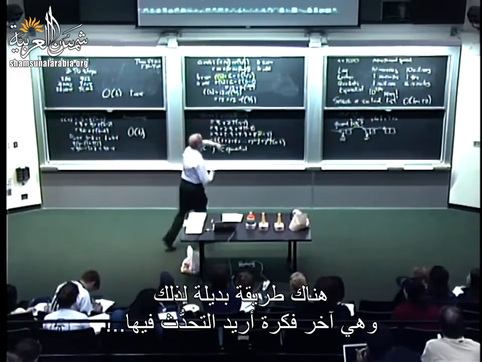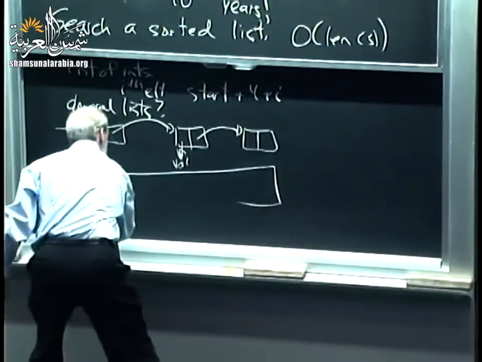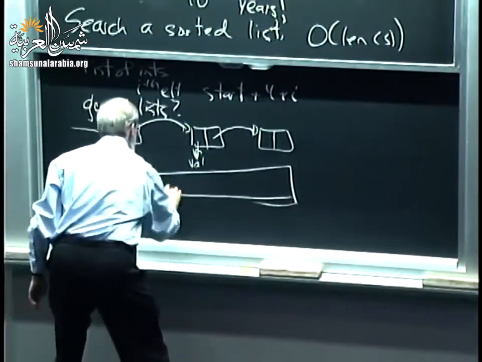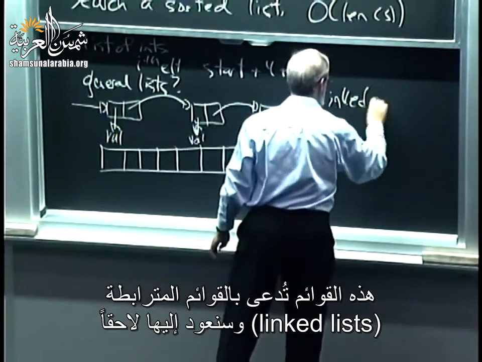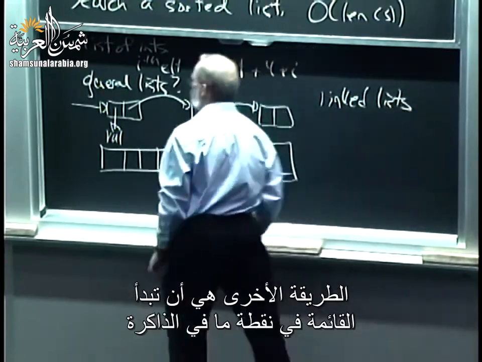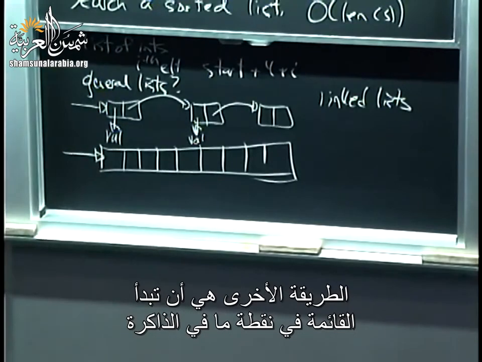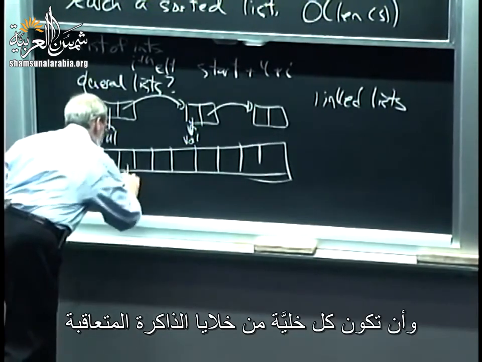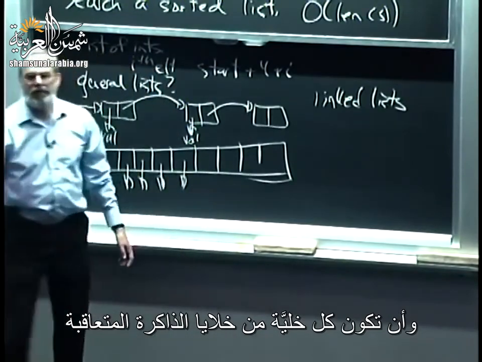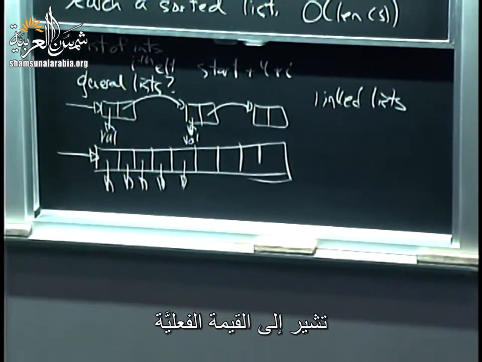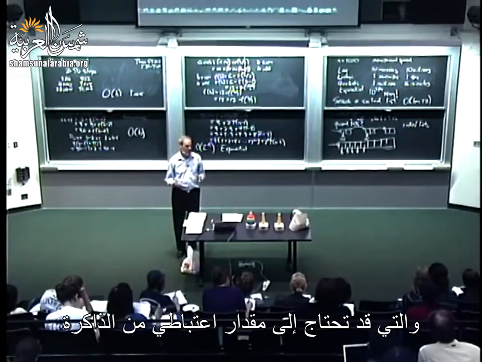There's an alternative, which is the last point I want to make. I should have said these things are called linked lists. I'll come back to those. Another way to do it is to have the start of the list be at some point in memory, and to have each one of the successive cells in memory point off to the actual value, which may take up some arbitrary amount of memory.